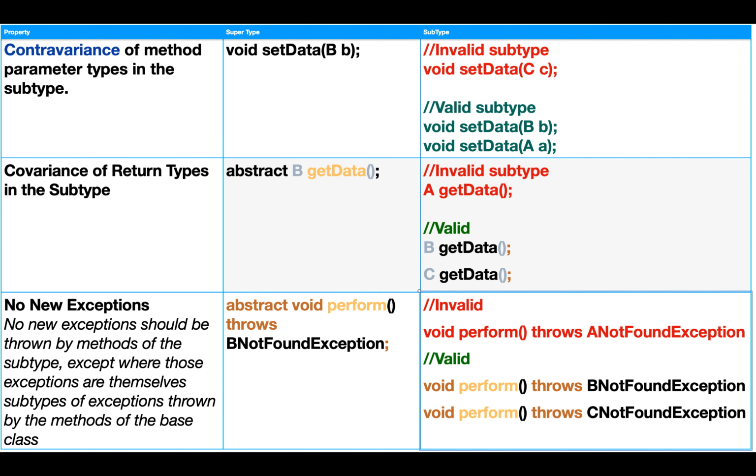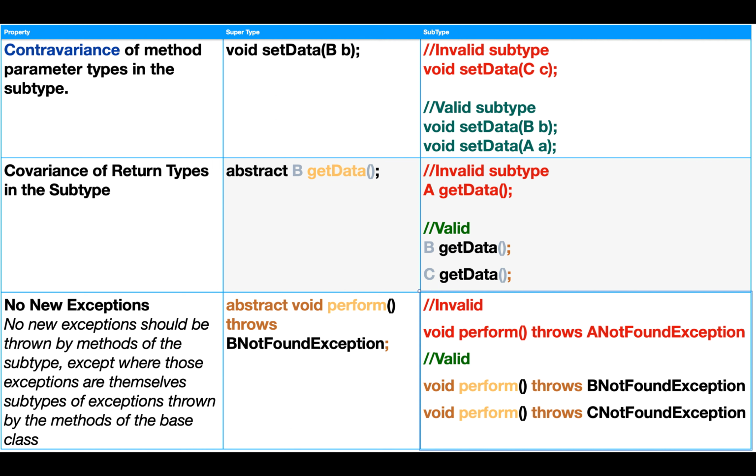If we write setData with type C, it is invalid. Only types A and B will be allowed, as A is the parent class or base class of B and B is the exact class.